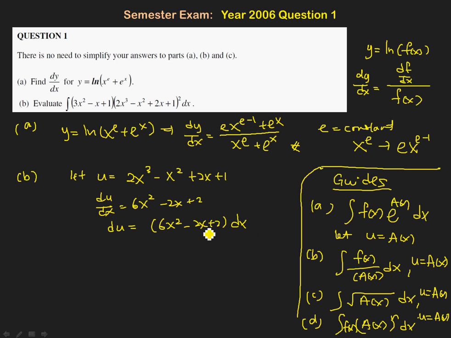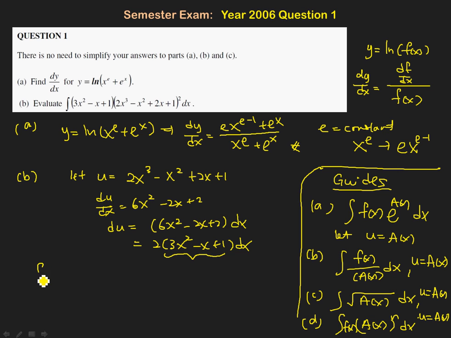I factor out the common factor 2 for a very good reason, because now you find that this 3x^2 - x + 1 expression is exactly the same as this. Now we're ready to substitute.